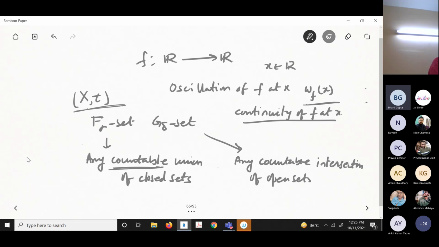Like here, if you take this special case, Q is not closed in R because its closure is R. But Q is a countable union of points, and each point is closed in a metric space.